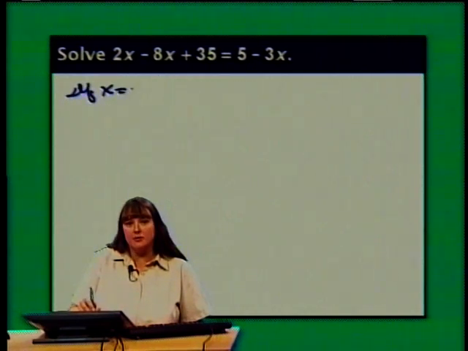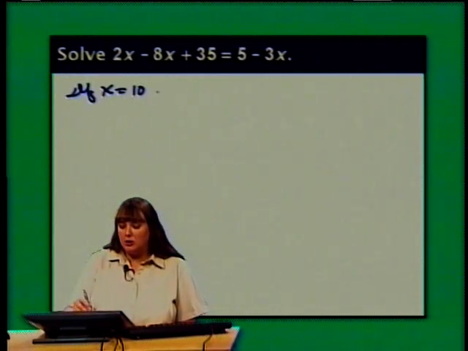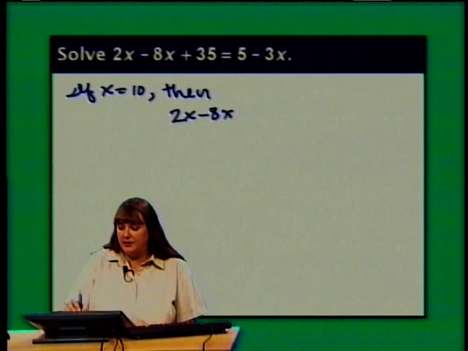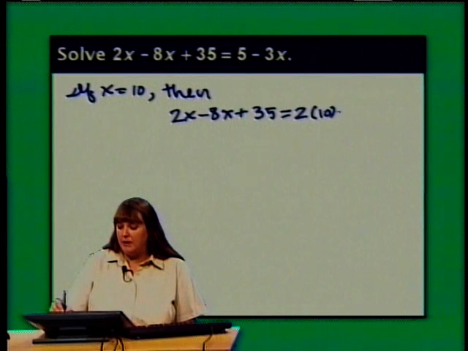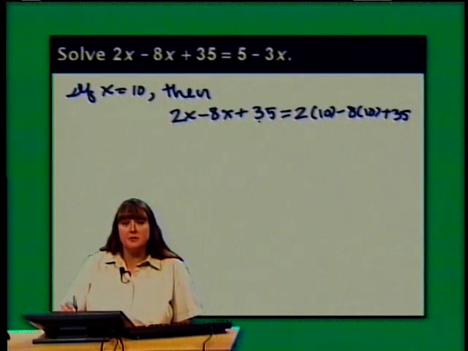If x equals 10, well, looking at the left-hand side of the equation, 2x minus 8x plus 35 would equal 2 times 10 minus 8 times 10 plus 35. Notice that I substituted the value 10 into the original form of the left-hand side of the equation, not my simplified form.